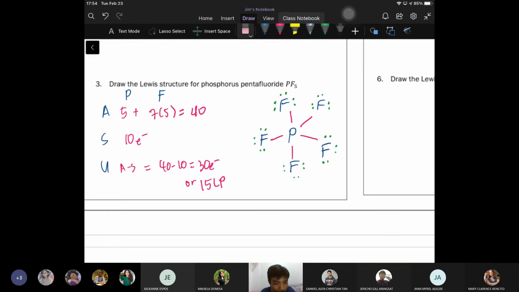Okay. Ito, experiment 3 guide questions. Buksan ko lang, ha? Medyo mabagal lang net ko. Tapos sabihin ko sa inyo paano nyo sasagutan ito.